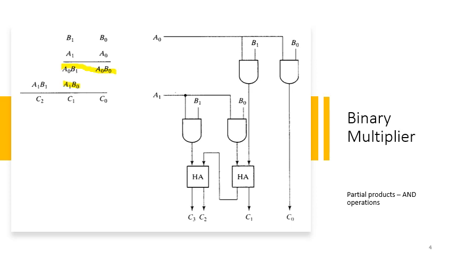The C3 term, not shown here, is produced if, for example, A1 and B1 are both 1 and the previous carry is 1, then the final carry is also produced. One thing to notice in this multiplication process is that the number A has 2 binary bits and B also has 2 binary bits, but the product has 4 binary bits.